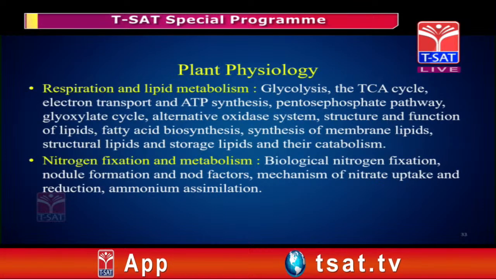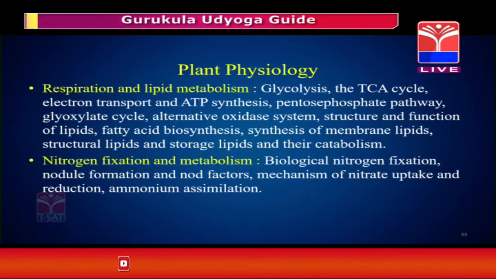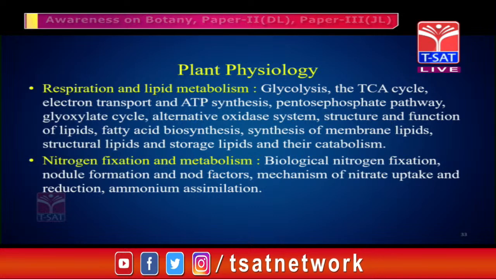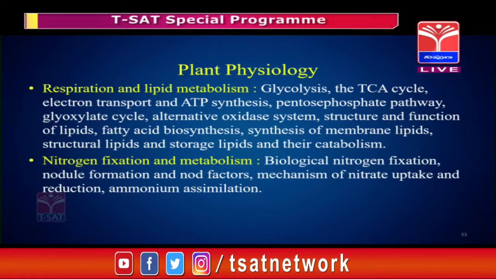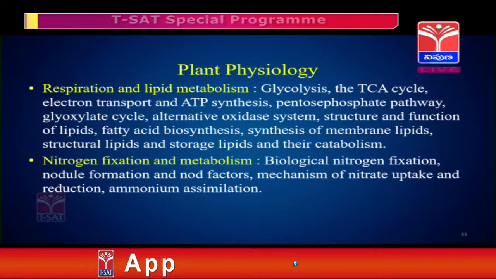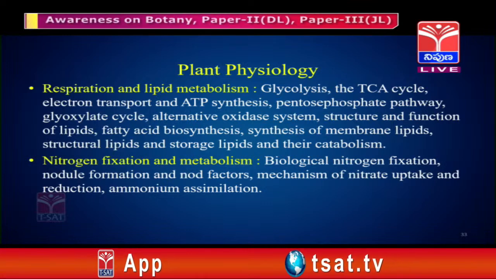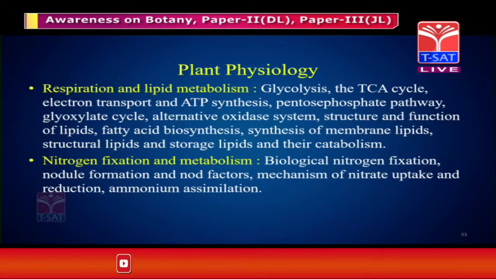Then under respiration, glycolysis, TCA cycle and electron transport and ATP synthesis. Here you have to be very careful about the 5 complexes which are there in the ETS, and what the roles of these 5 complexes are, how the electrons are being moved, how the protons are being pumped in or pumped out, and how the ATP is generated.